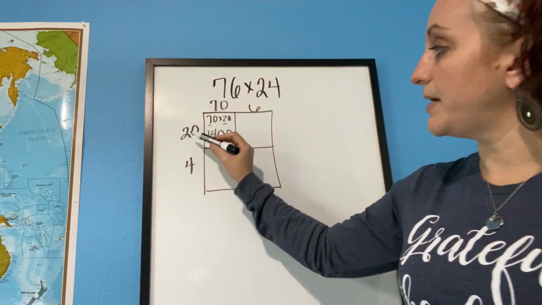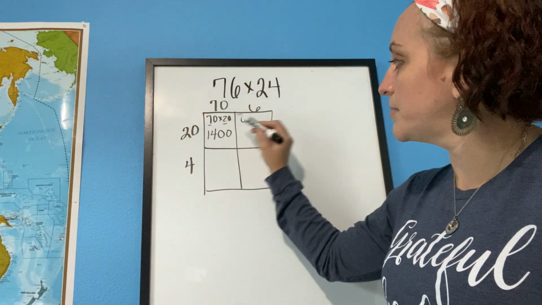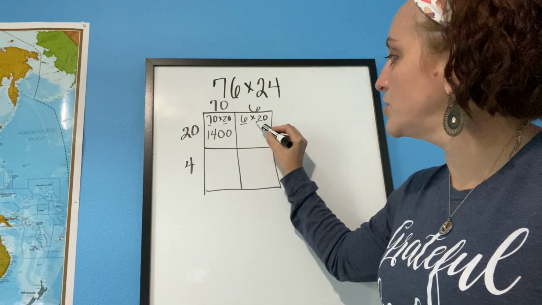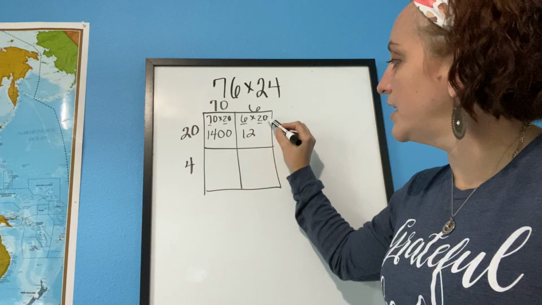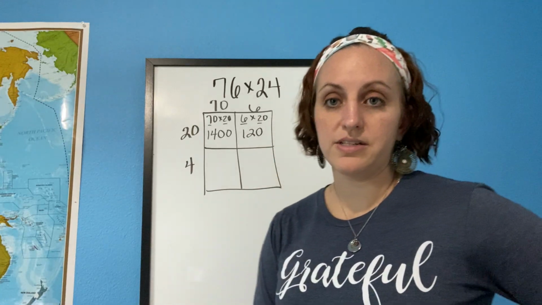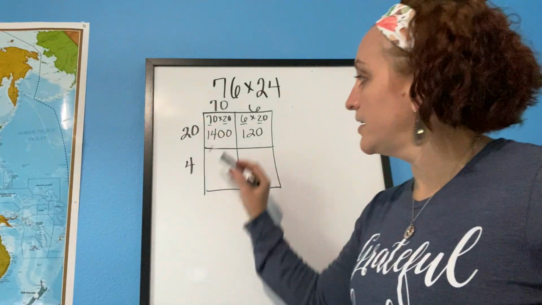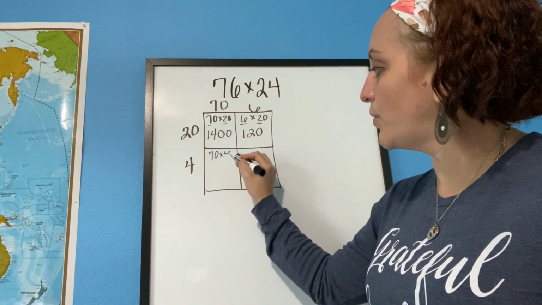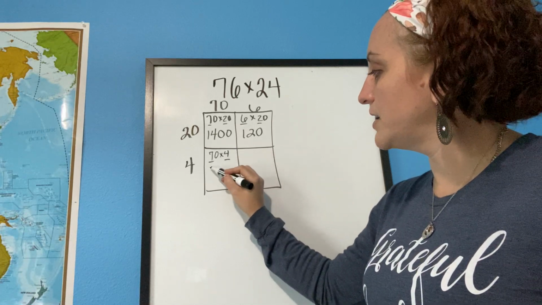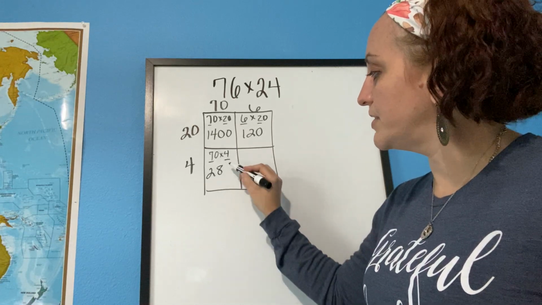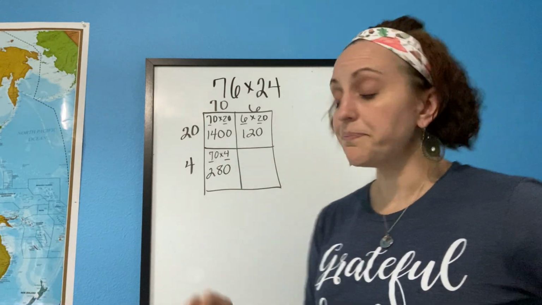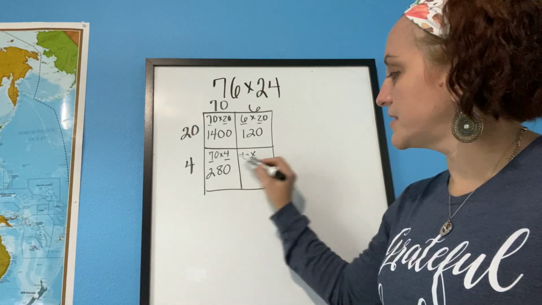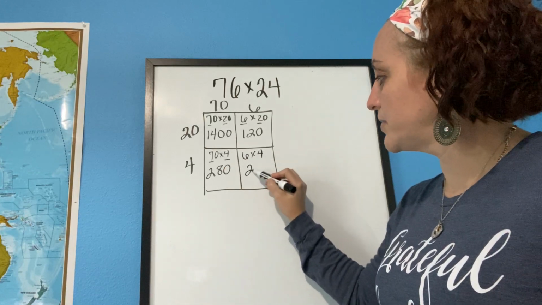My next box, I multiply what's on the top, 6, by what's on the side, 20. 6 times 2 equals 12, and I have 1 zero, so I put in 1 zero. Again, what's on the top by what's on the side, 70 times 4. 7 times 4 equals 28. I have 1 zero, so I put in 1 zero. And in my last box, I'm doing what's on the top, 6, times what's on the side, 4. 6 times 4 equals 24.